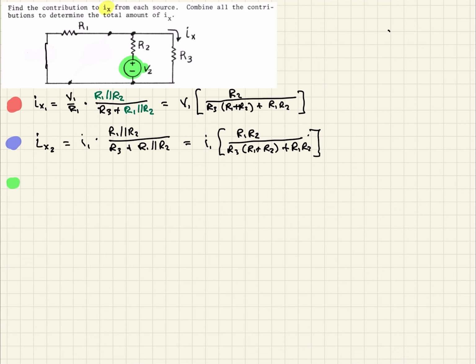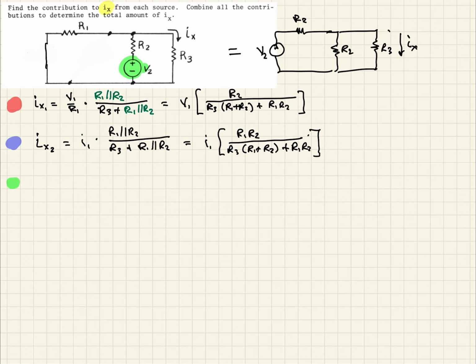Okay, so here we see, we can again redraw this to make it a little simpler. We'll have this voltage source V2, and then that's going to be in series with this R2, and then we'll again have R1 and R3, again with this being our IX term here.